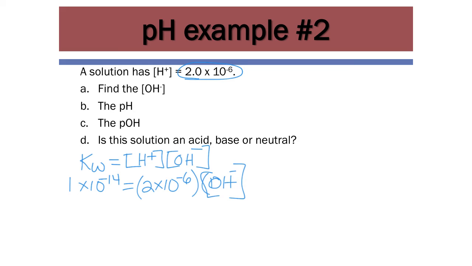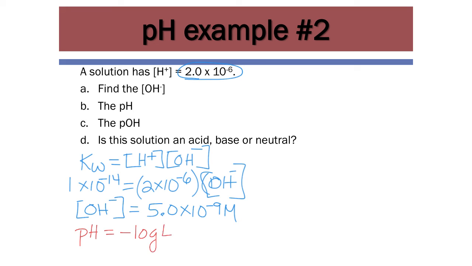Once I plug that all into my calculator, I get the hydroxide ion concentration to be 5 times 10 to the negative 9th. Next up, if I want to find pH, I use the formula in the back of my reference table that pH is equal to the negative log of the hydrogen concentration.